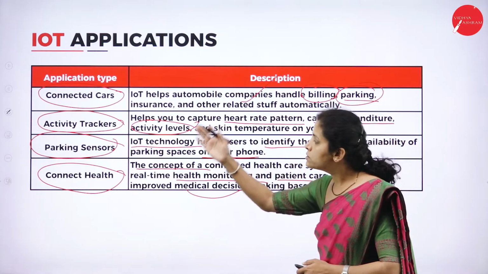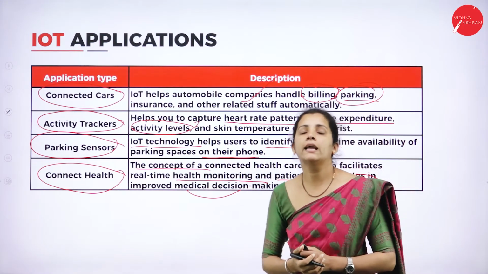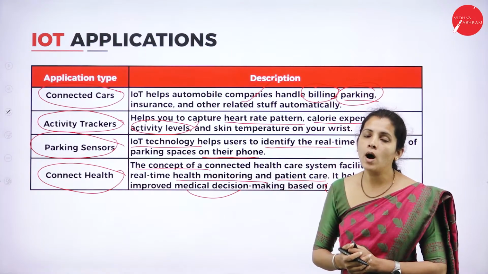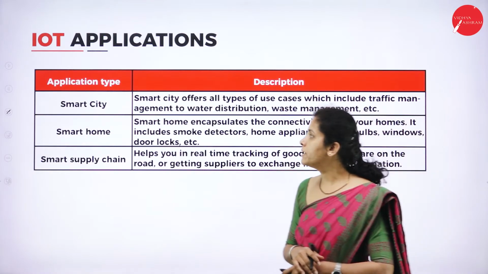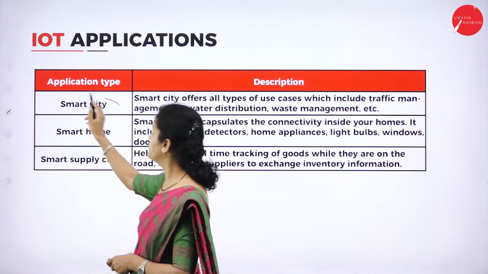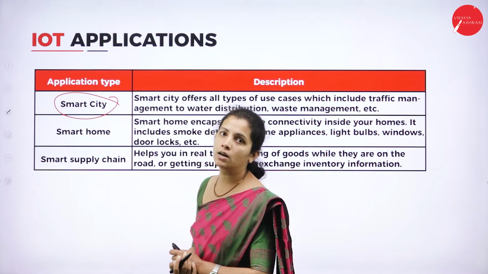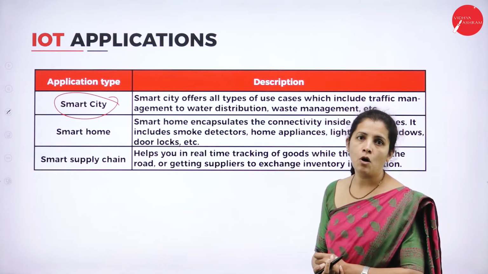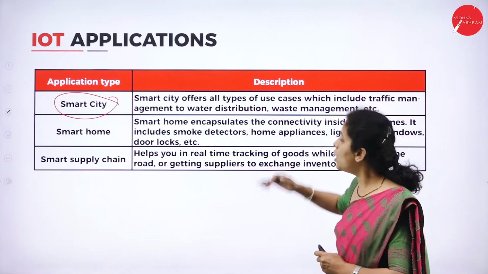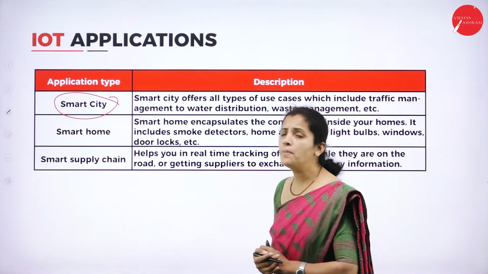Now, if I use connected healthcare, then I can provide better medical facilities. Now, if I consider smart city, what is this smart city? Suppose I want to control and manage garbage, traffic or water pollution, all those things are done by using IoT. Smart home.